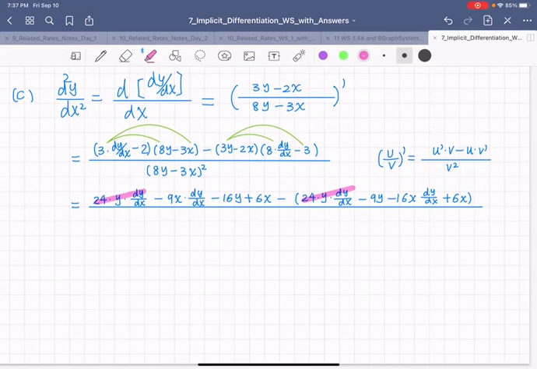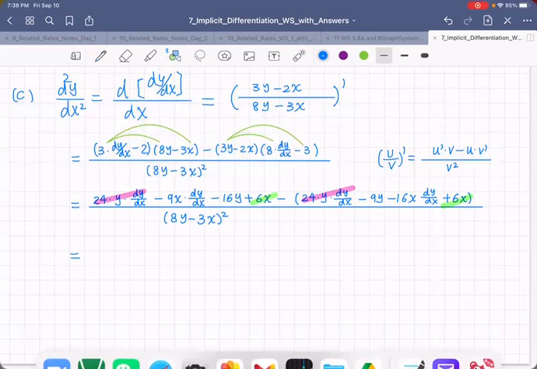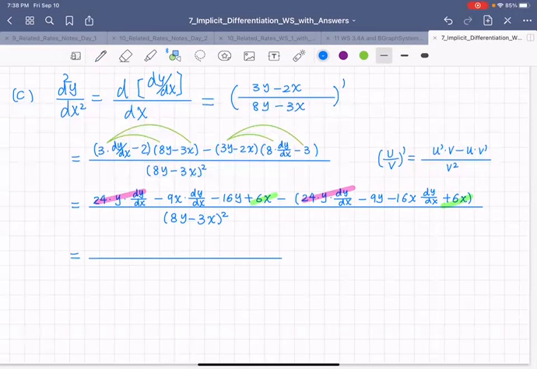Who else? Um, 6x. Yes. Is this more beautiful now? Yeah. Nobody likes those ugly expressions. Okay. Yeah, we like those simple expressions.